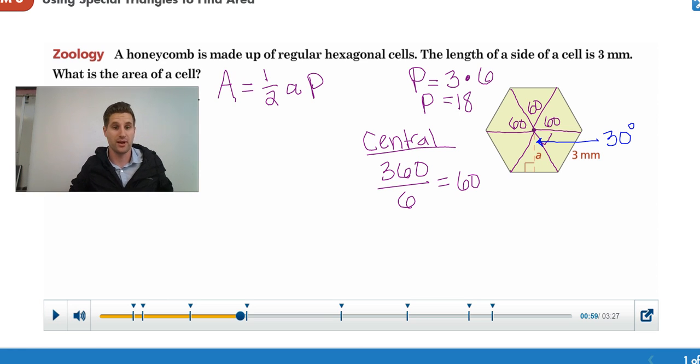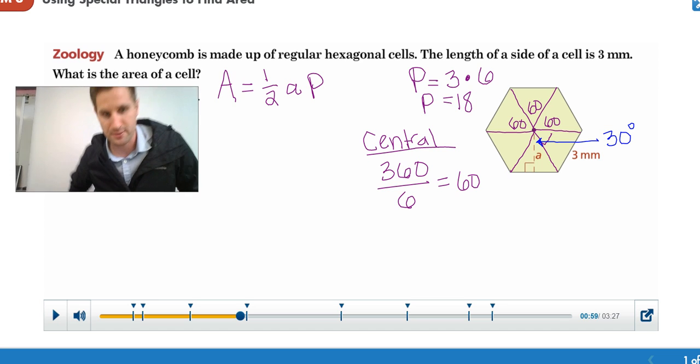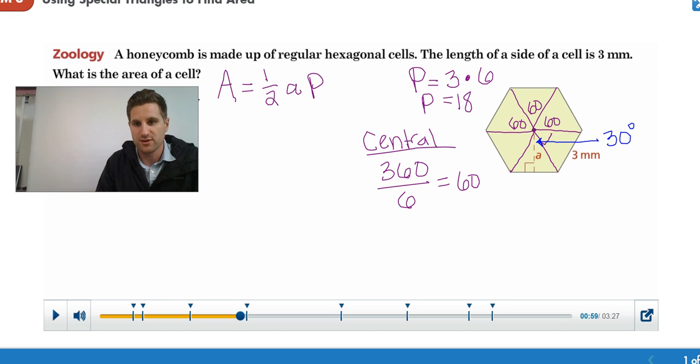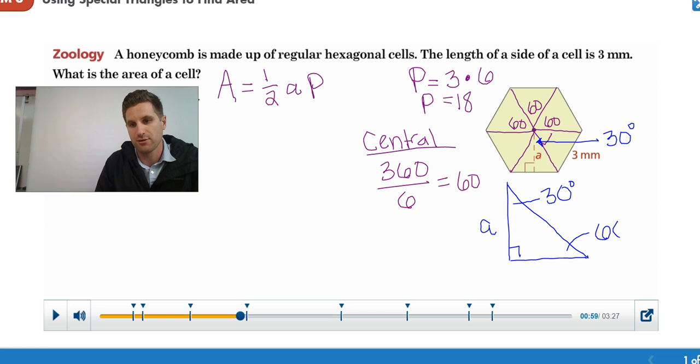Well, we've just created a special right triangle. Because the apothem is perpendicular, we can draw this triangle out here. So here's the apothem. We found this angle, half of the central angle, to be 30 degrees, and we know this is 90. So this has to be 60 degrees by using triangle angle sum theorem.